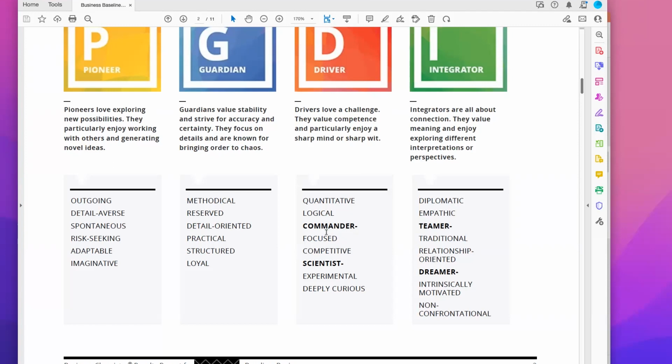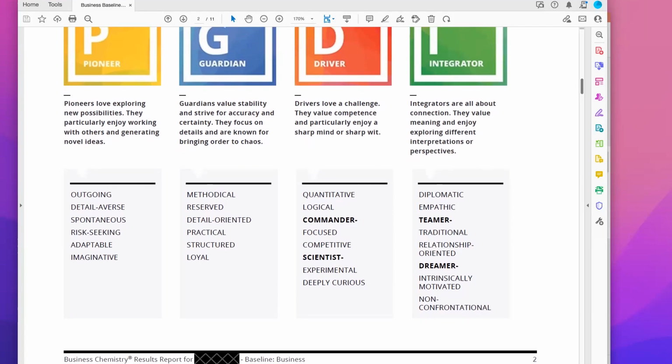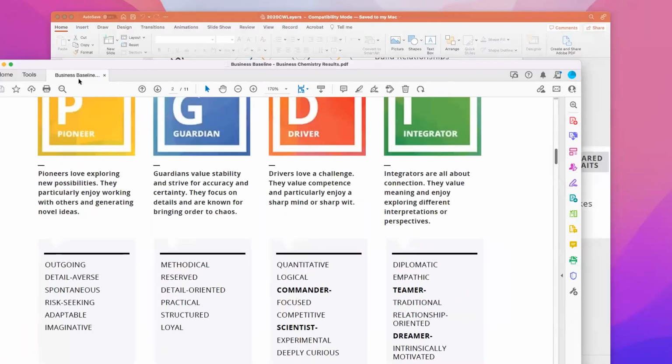That's that commander energy that would be more of the analytical driven driver, or maybe even some driven driver energy going in there. But then they're saying you also have the scientist energy, means you're more experimental and deeply curious. Doesn't that feel a little bit more on the analytical lean of things? Yes. Now, when they blended these two together, they said what the pioneer and the driver share.